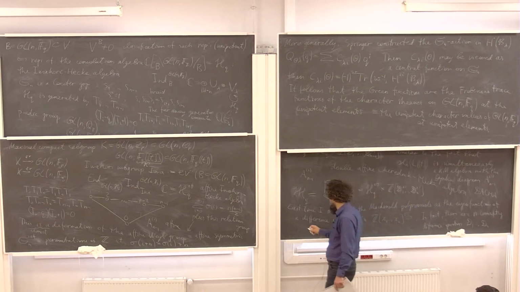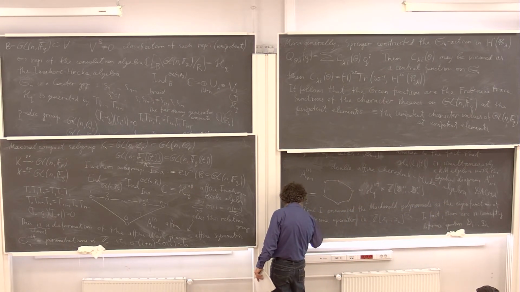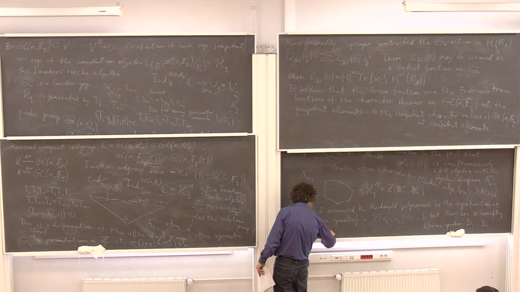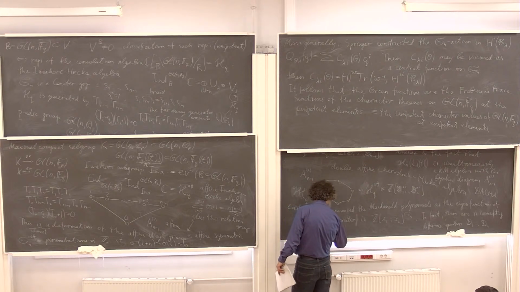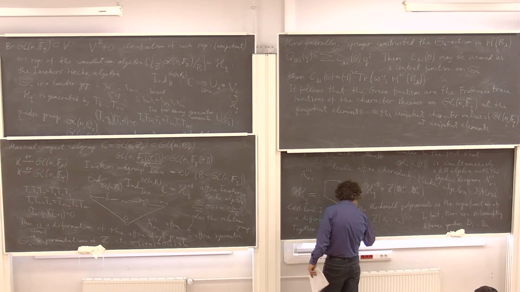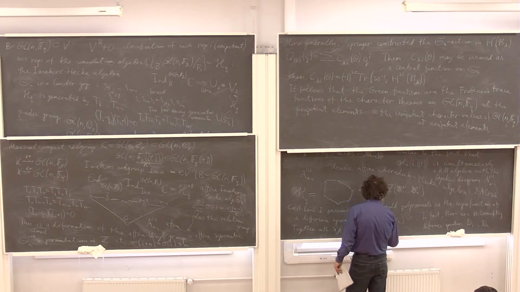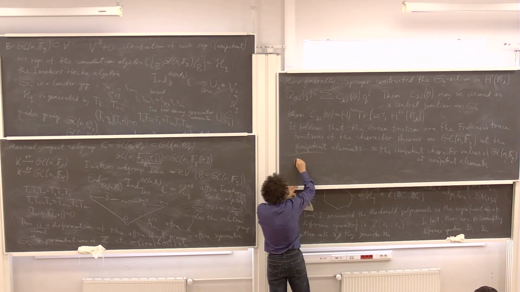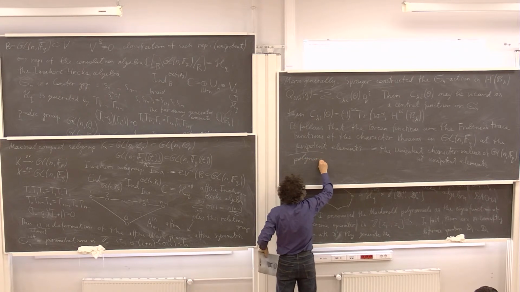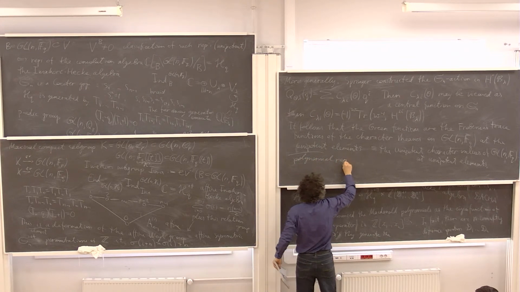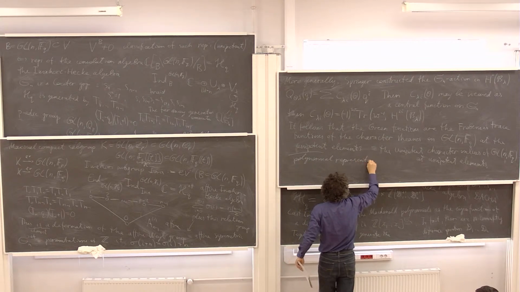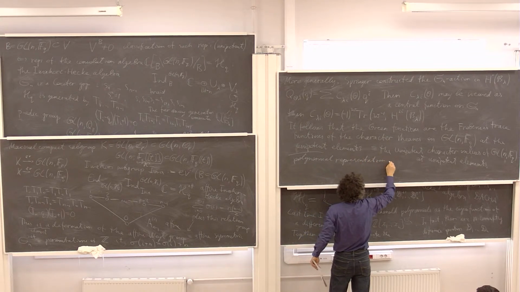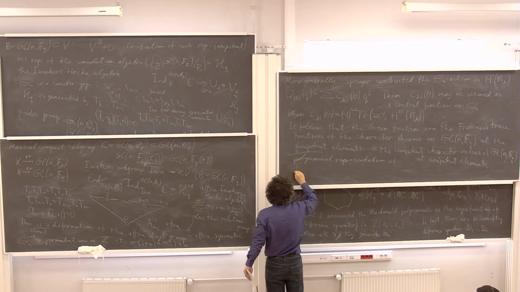So together with x's, they generate the so-called polynomial representation of the double affine Hecke algebra.